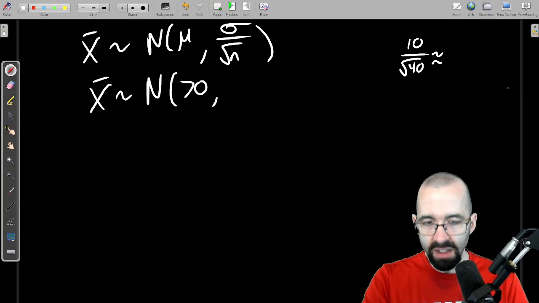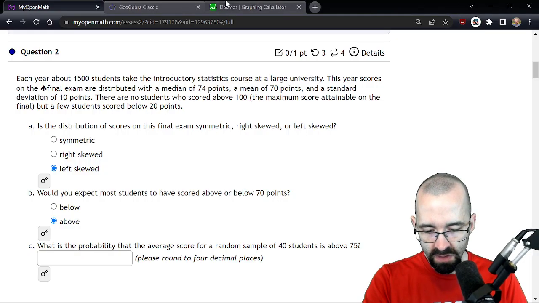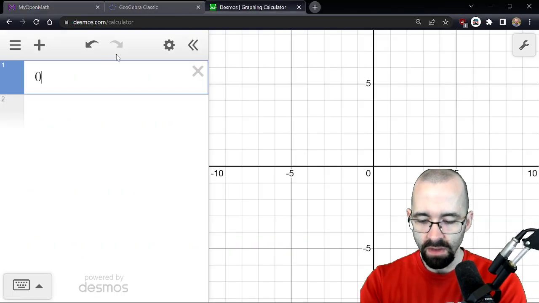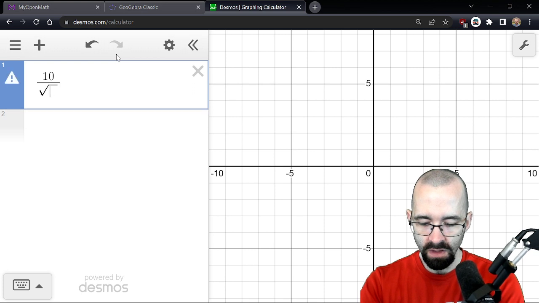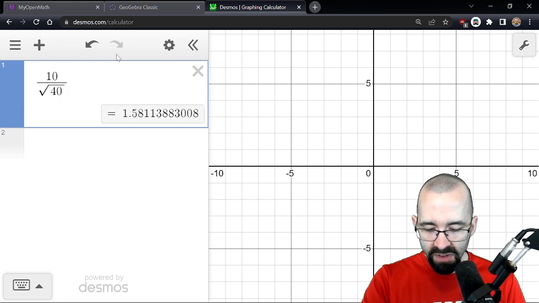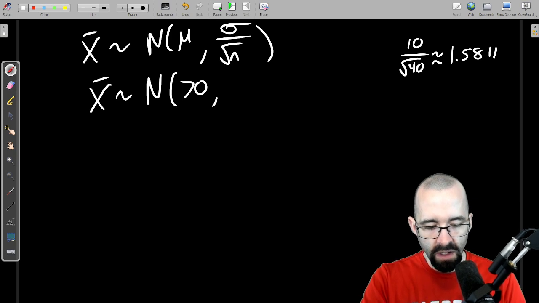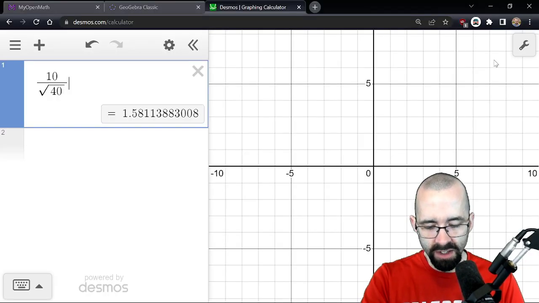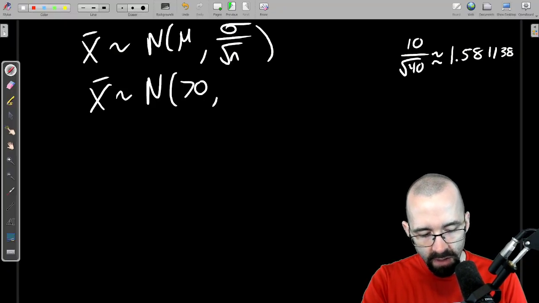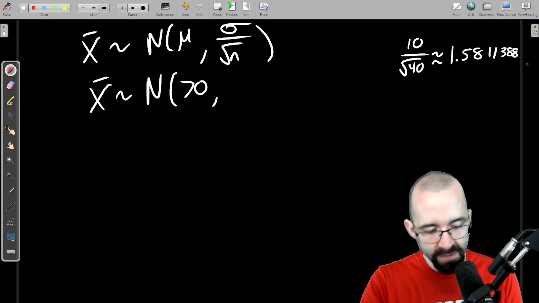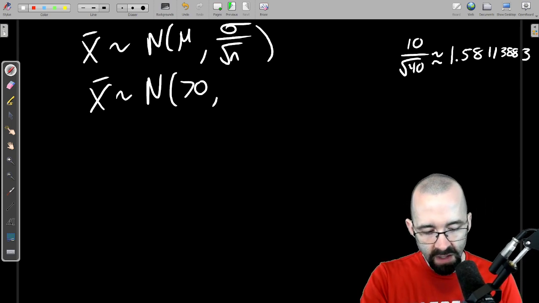What is that approximately equal to? About 1.5811. And MyOpenMath is sometimes a little finicky, so let's add extra decimal places just to be safe: 1.58113883. All right, and that's our sampling distribution.